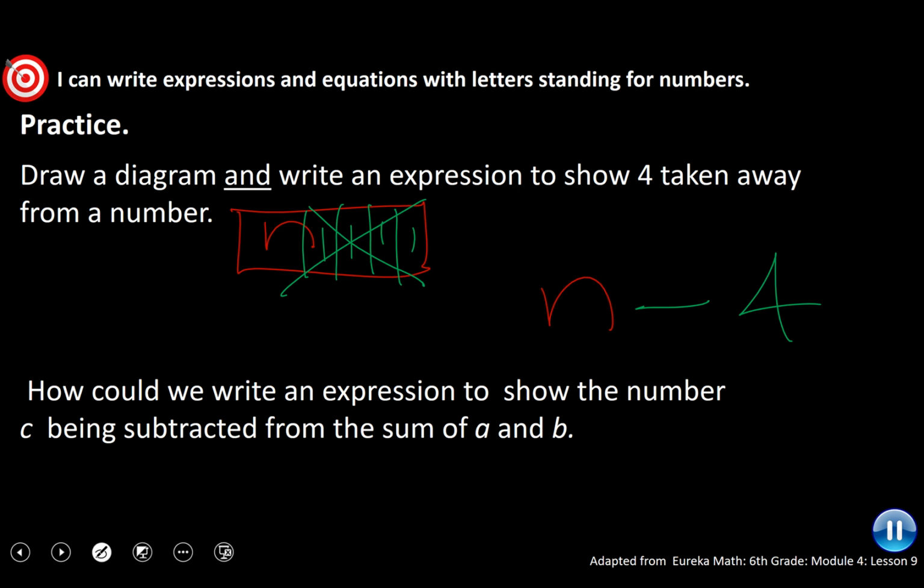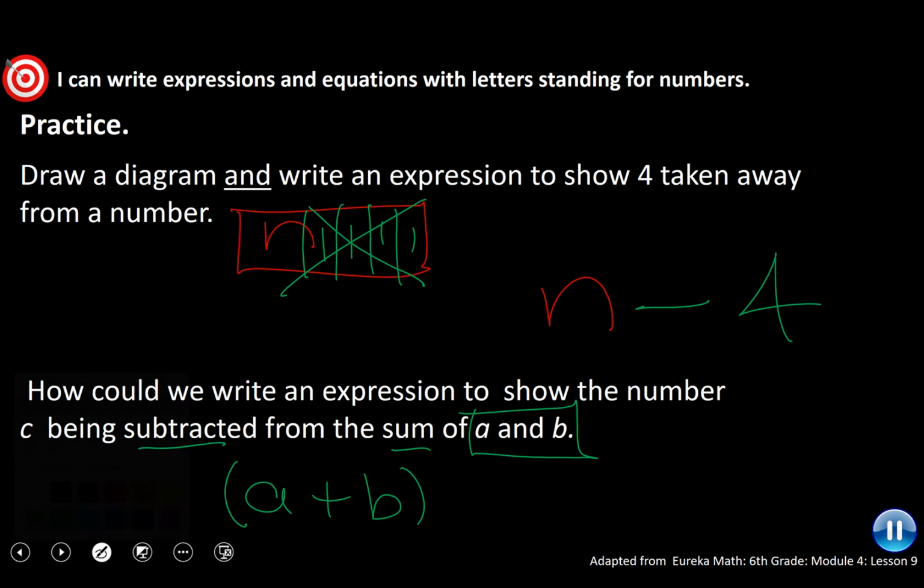How can we write an expression to show the number c being subtracted from the sum of a and b? So this part's kind of tricky because we have subtraction here, but we have addition here. So because it's saying subtracted from the sum, that means you have to add these first. So we're going to do a plus b first.